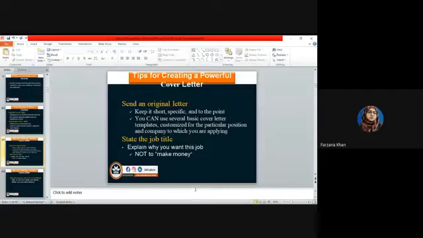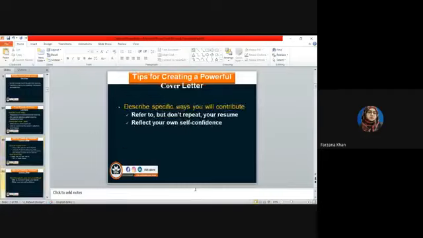You will explain it through your skills, your potential, your enthusiasm, and your passion for working and polishing your skills, but not to make money. You will not mention that you want the job for making money, because it will sound unprofessional.